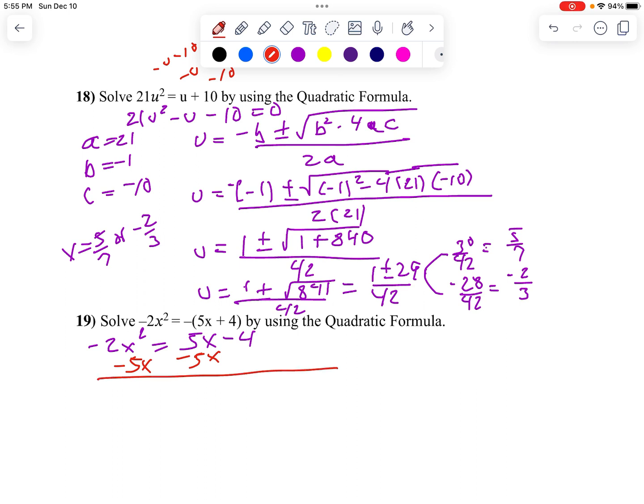So then we get negative 2x squared minus 5x. Well, let's add 4 to both sides at the same time. So I say plus 4 equals 0. So on this problem, a is negative 2, b is negative 5, and c is positive 4.